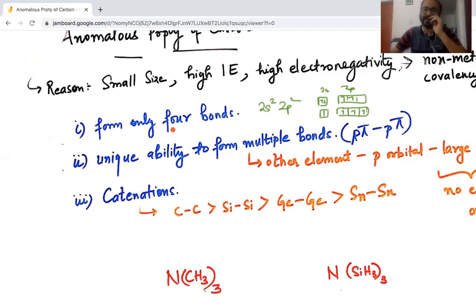When we talk just about two-center two-electron bonds and normal covalent compounds, carbon can exhibit only four bonds. Now, another property that is very peculiar to carbon is its ability to form multiple bonds.